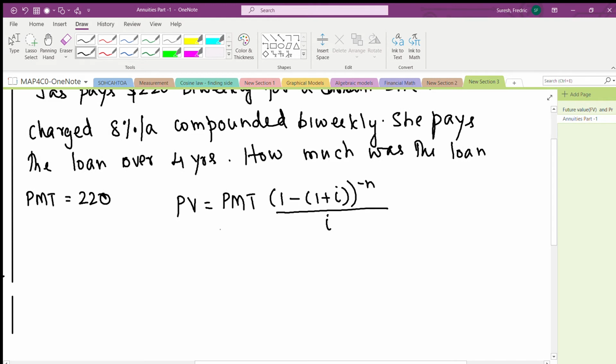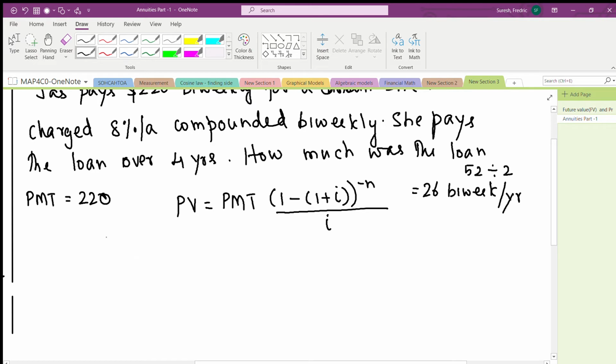And remember that biweekly there are 26 biweeks in a year, and we get that number by doing 52 divided by 2.